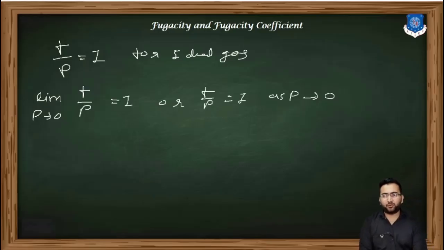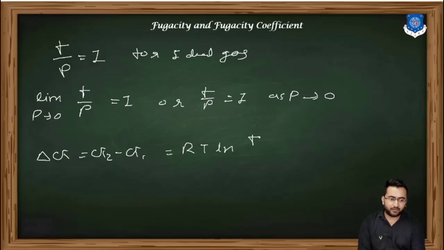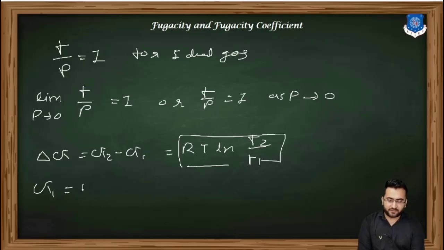Let G1 and G2 be the free energies and f1 and f2 the corresponding fugacities in these states. Then the free energy change is delta G equal to G2 minus G1, which is RT ln f2 upon f1. How does this equation come about? Because G1 is equal to RT ln f1 and G2 is equal to RT ln f2.